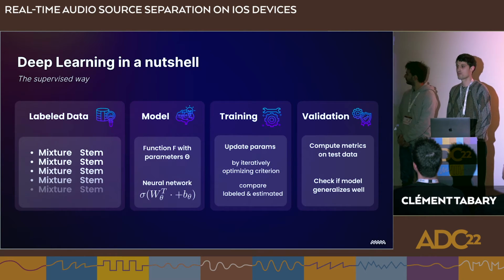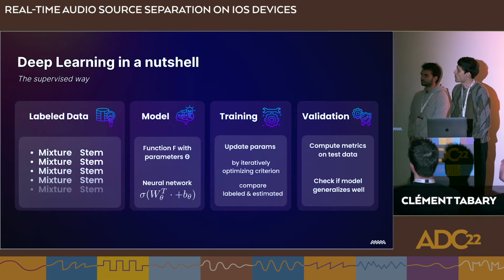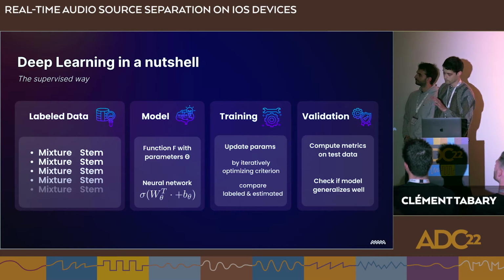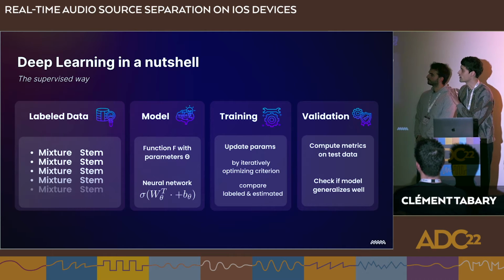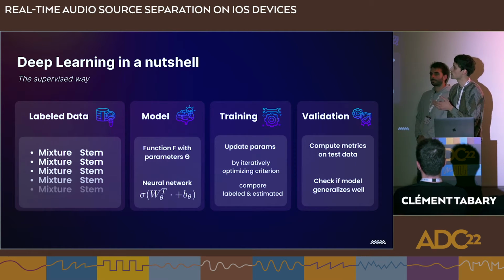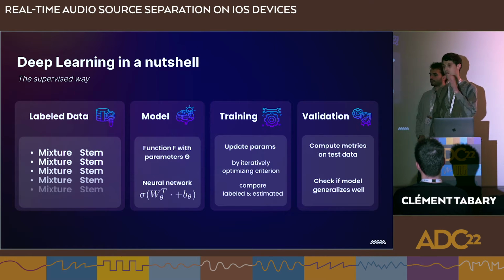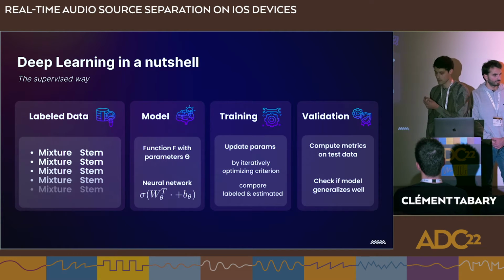So for those who are not really familiar with deep learning and how it works, just let you know that deep learning is a subfield of machine learning. And basically, we design neural networks. And here we'll focus on the supervised way. So we, beforehand, collect and gather a data set, a collection of items with mixture as an input, and the associated label will be the stem.